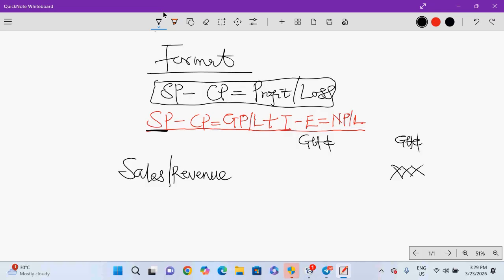Now, yes, this is your normal sales, but it could be that after the sales, some customers saw that the item that they ordered from you was having some form of defect, right? Maybe the color that they wanted, you didn't give them the actual color.